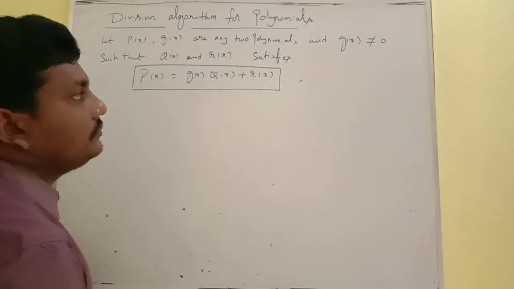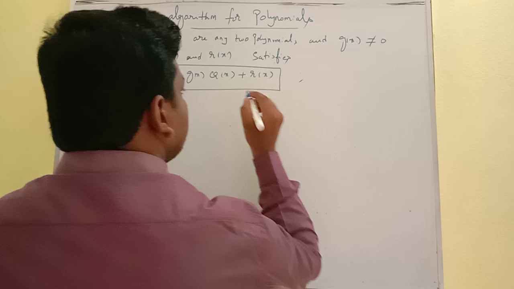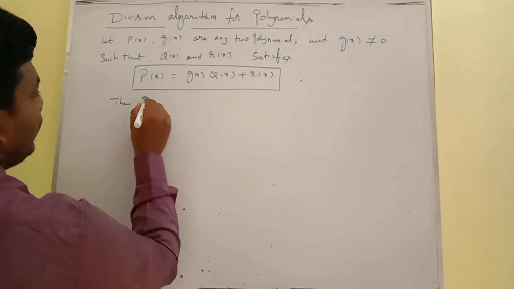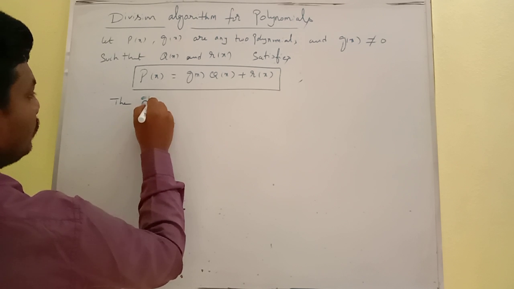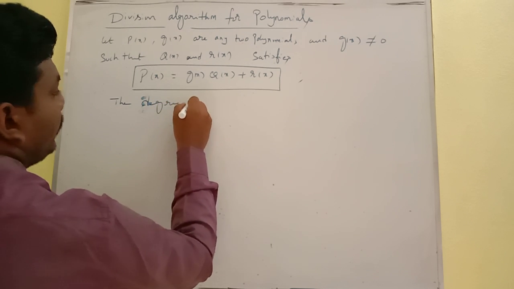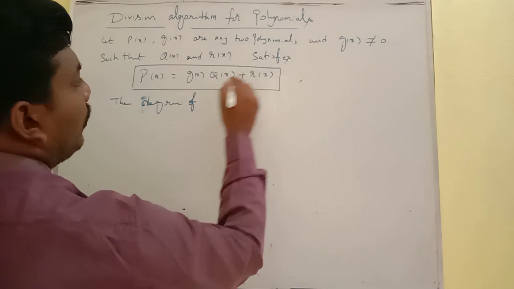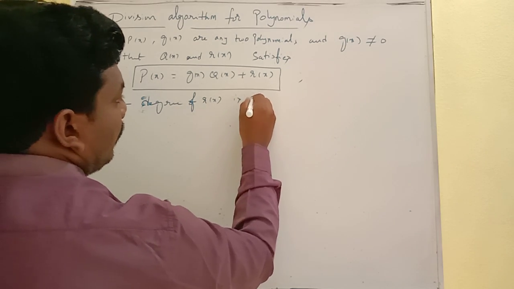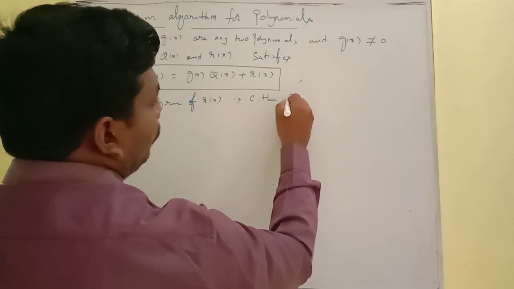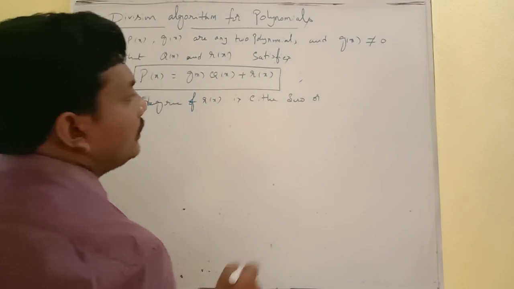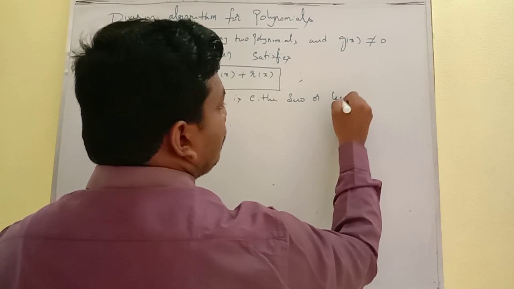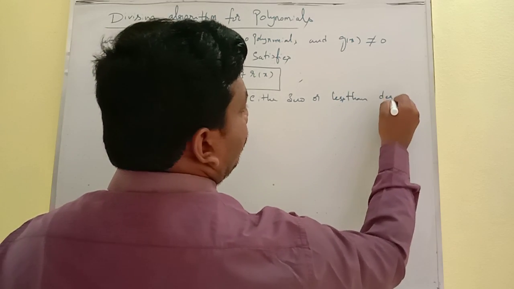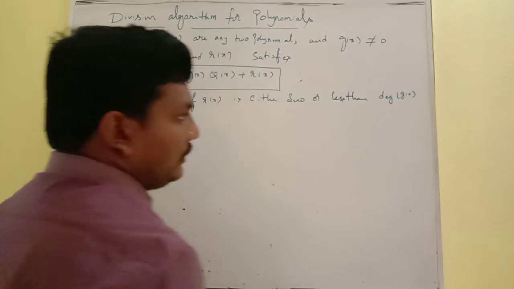where the condition is very important: the degree of r of x is either 0 or less than the degree of g of x.